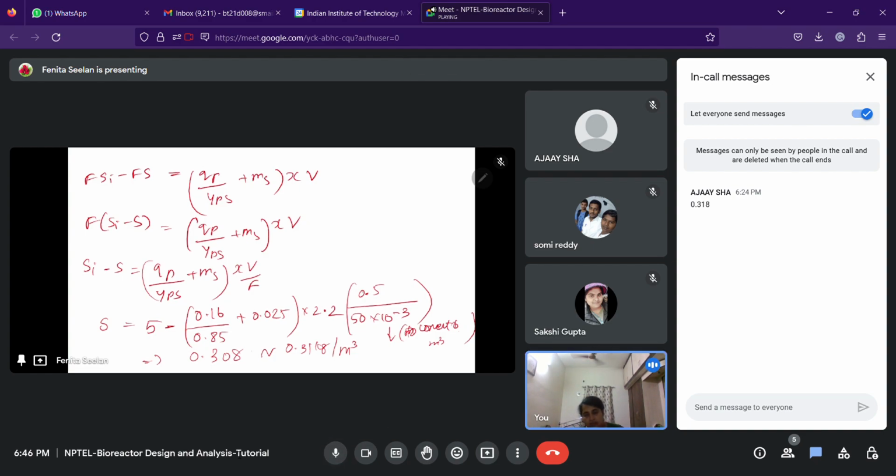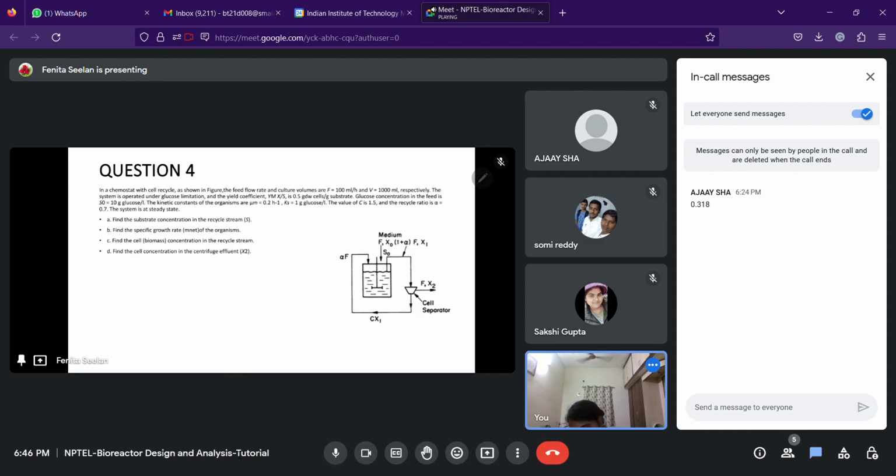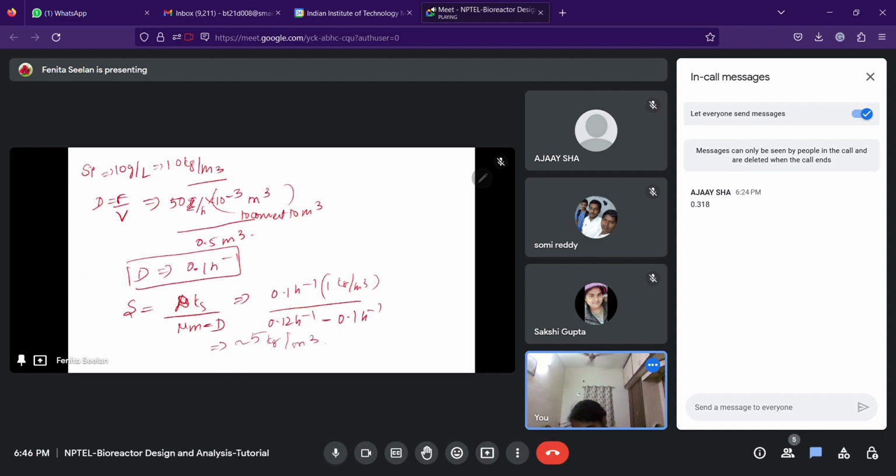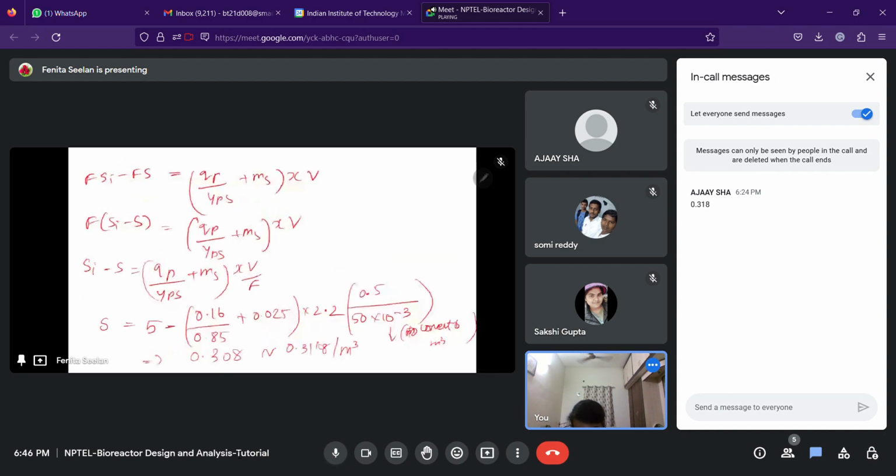So this is the substrate remaining in the second reactor. If we take the overall substrate conversion, your first reactor's initial was 10 gram per liter.